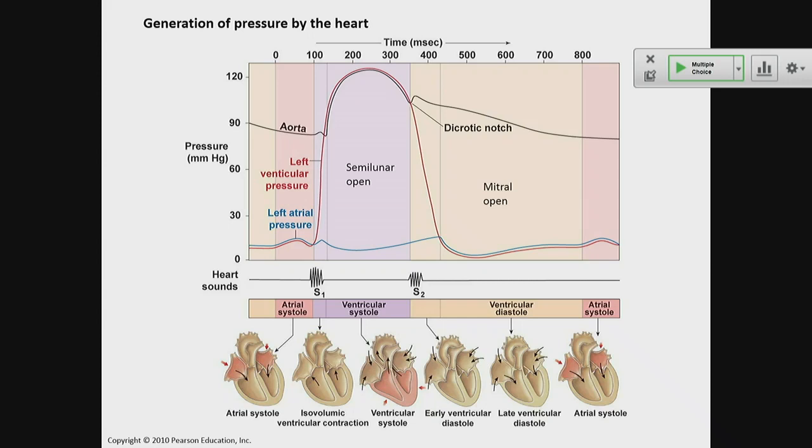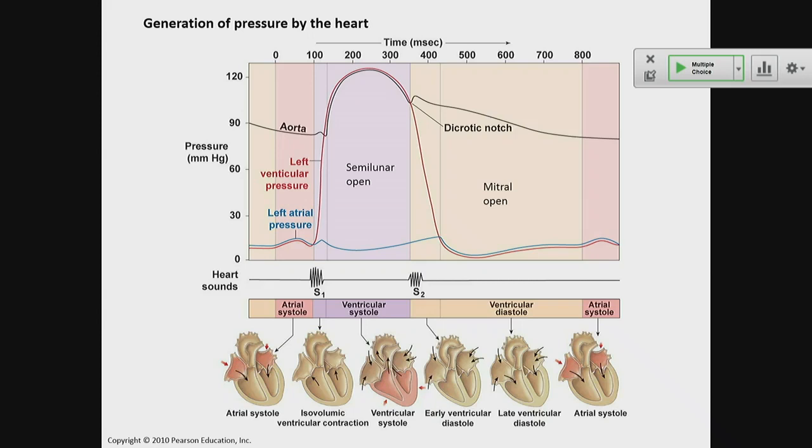And you can also see the same during the diastole when the heart is relaxed. So now the mitral valve is open. This is the atrium, the ventricle. Now the semilunar valve is closed. The mitral valve is open. And now the atrium and the ventricle become one continuous chamber, okay?